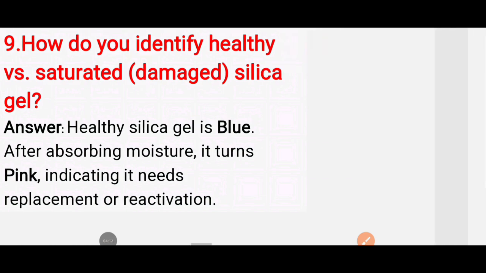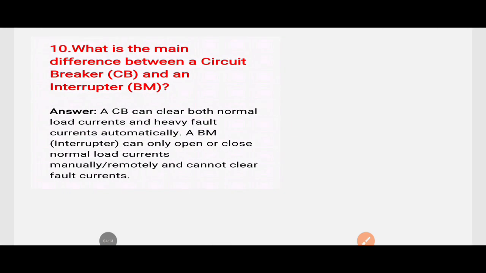Next, question number 10. What is the main difference between a circuit breaker CB and interrupter IM? Main difference between CB and IM: a CB can clear both normal load currents and heavy fault currents automatically.